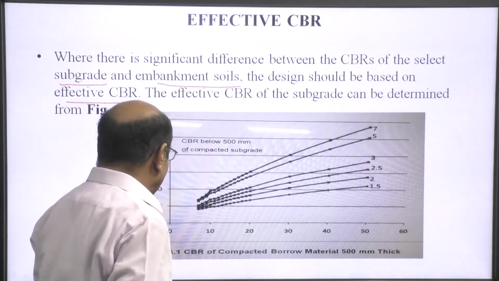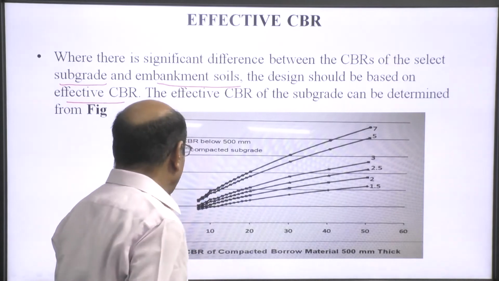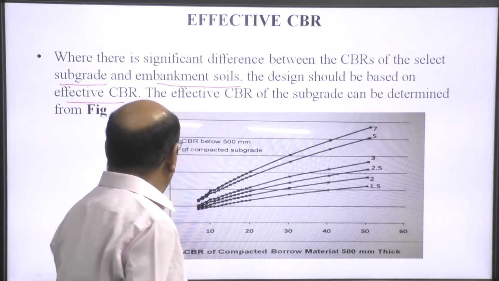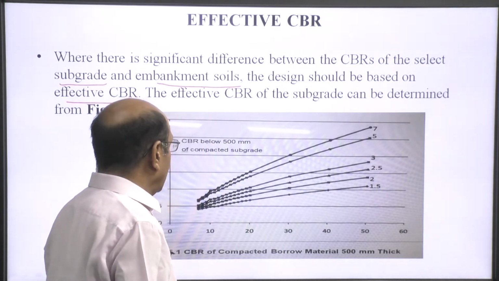On the x axis is the CBR of the soil and this is the effective CBR of the subgrade.